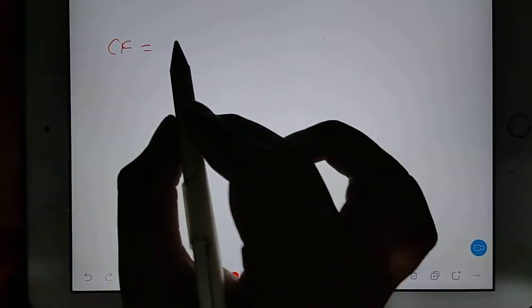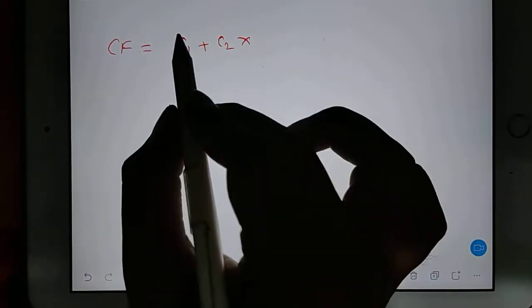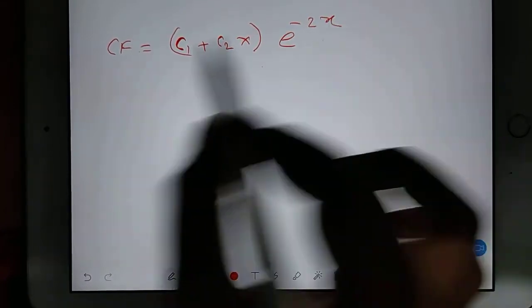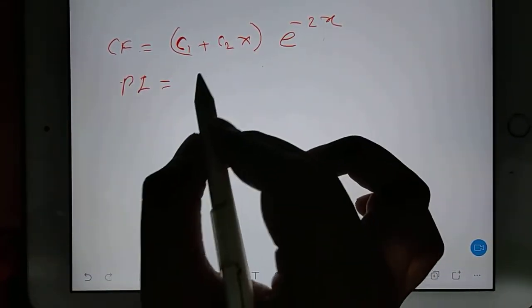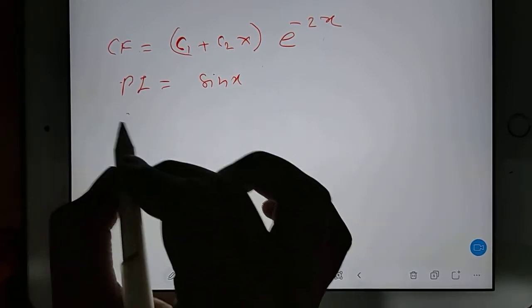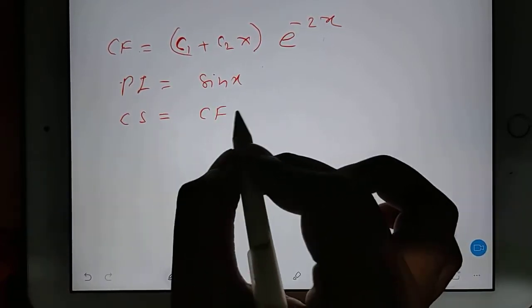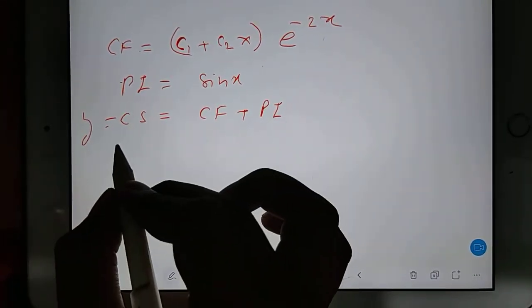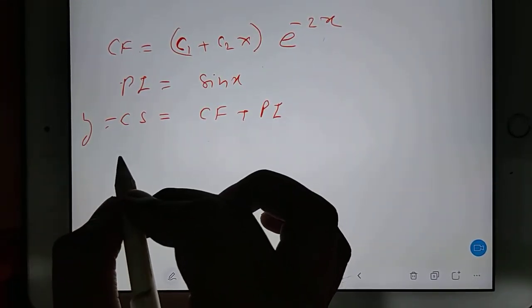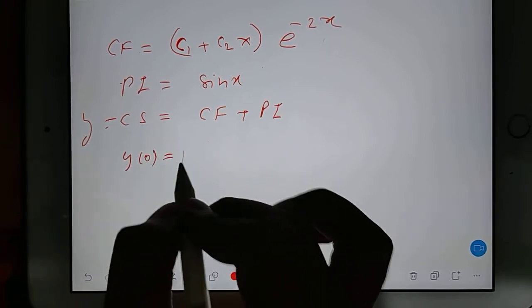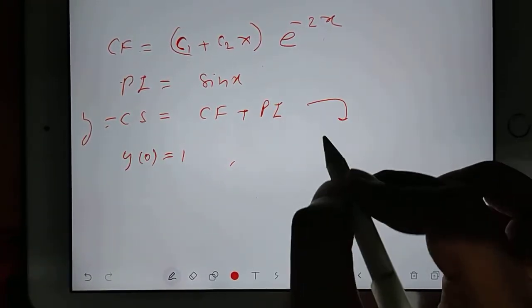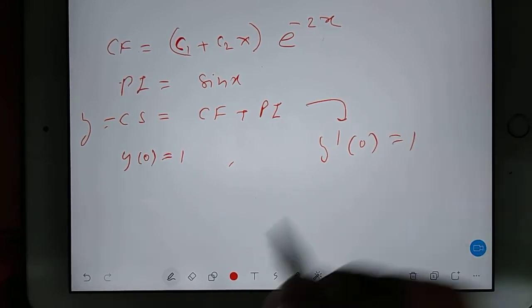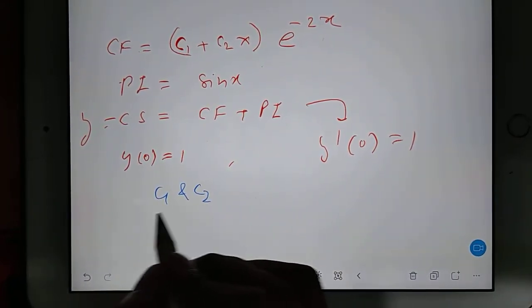I'll change the page, copy down some data. Your CF will come as (C1 plus C2x) whole, e power minus 2x. Your PI will come as sin x. Your complete solution will come as CF plus PI. Your complete solution is only your y value. After that you do y(0) is equal to 1, and differentiate this equation, get y dash(0) is equal to 1, then C1 and C2 equation here also.